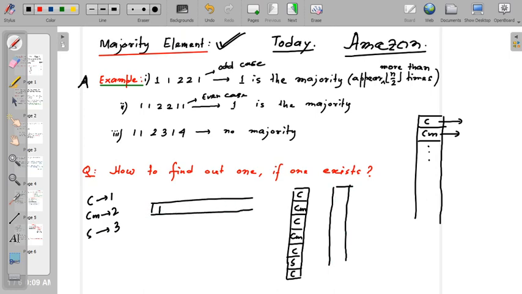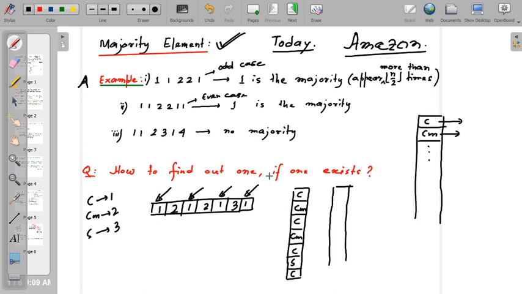First time chair is searched, 1, then camera 2, then chair 1, camera 2, chair 1, shampoo 3, and then chair 1. So you see 1 is appearing many times.